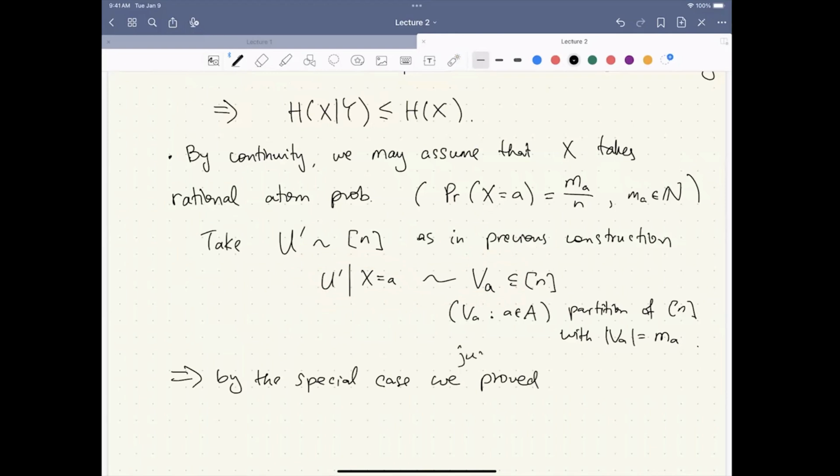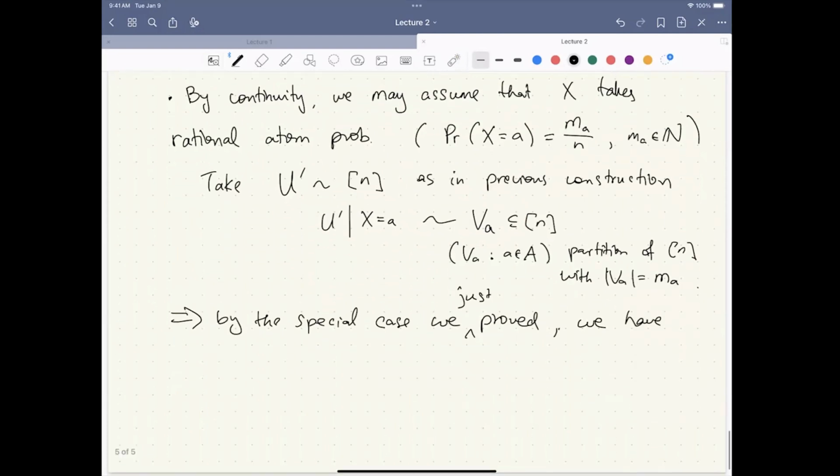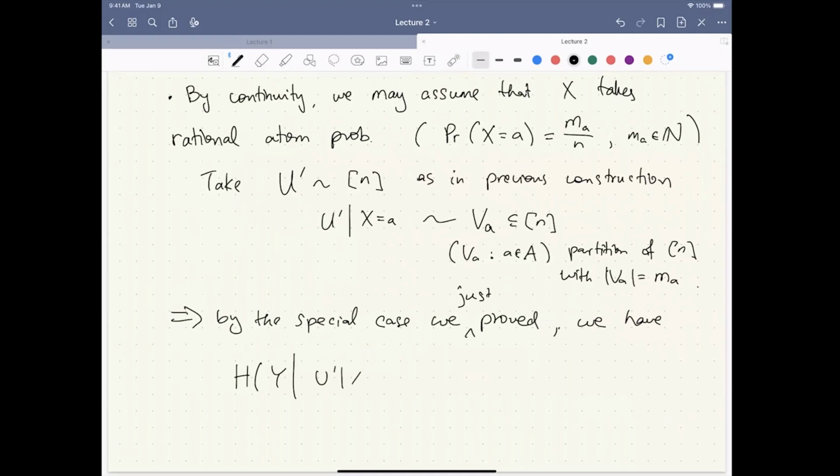we just proved, we have the conditional entropy of y conditioning on this u prime, x equal to a. This is a random variable. It is at most, we can drop the conditioning, at most h of y. Okay?